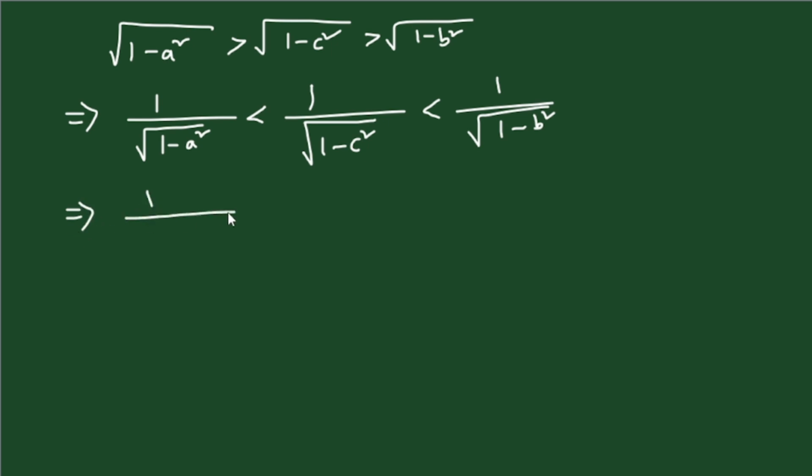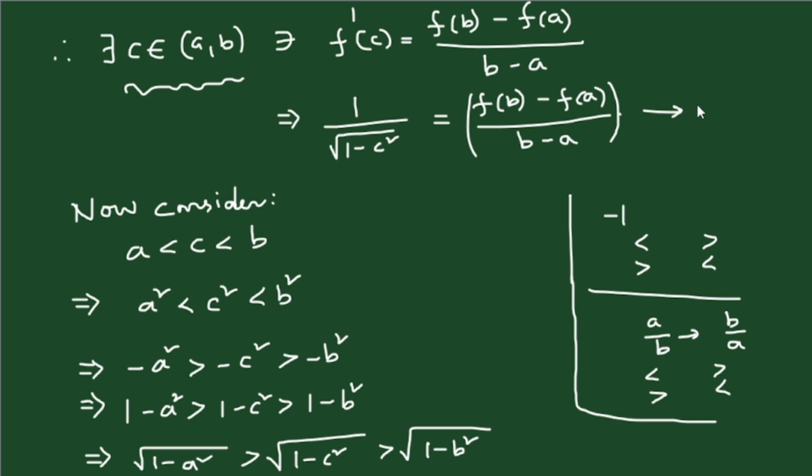Now we have got 1 by square root of 1 minus C square in the middle, right? So you name this one as equation 1. So you can replace 1 by square root of 1 minus C square by the right-hand side quantity.